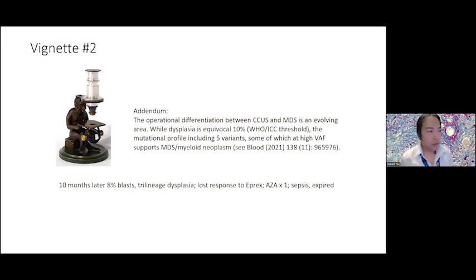And to try not to get into trouble, I said it was equivocal 10% using our conventional dysplastic thresholds. However, this mutational profile is much more supportive of MDS, a myeloid neoplasm, that this is already neoplastic. This is not just clonal hematopoiesis with cytopenias. And as you can see in terms of the natural history of this patient, by the time we did this NGS, he would blast off and end up expiring shortly after.